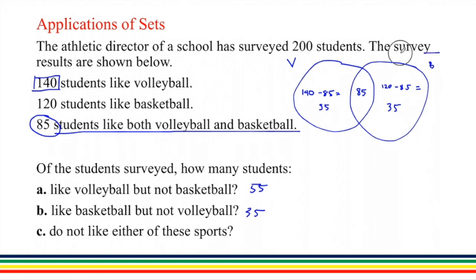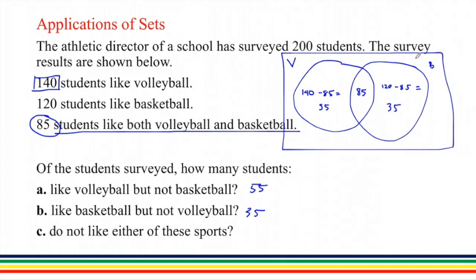Okay, we forgot to put the universal set here. Let's just sum all of the students. We have 55 plus 35 plus 85, and that is equivalent to 175. But the survey is composed of 200 students.